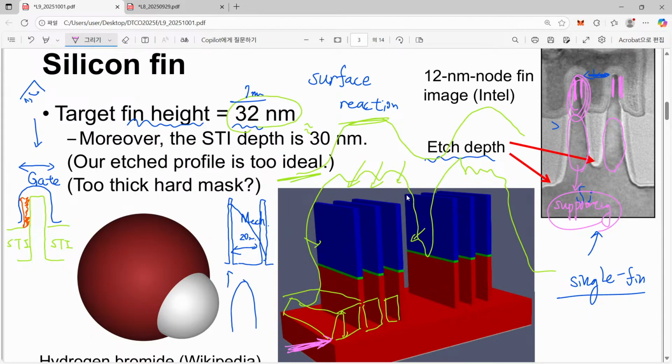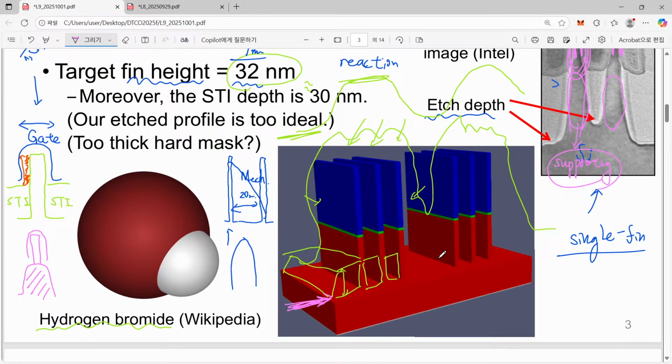So therefore, actually we don't need this perfectly upright structure. It is completely okay to have a relatively fat structure. We will use only this part for our electrical conduction, and this part is used just as a supporting layer. So it is not that bad to have this kind of structure.